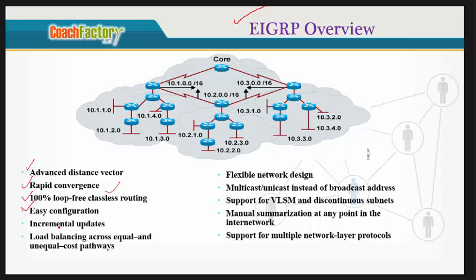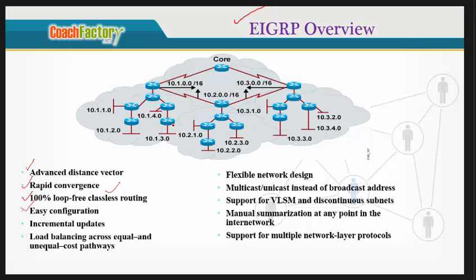EIGRP is easy to configure. In this scenario, you can go to any router, enable EIGRP with an AS number, advertise the directly connected networks, and you are done. It's unlike OSPF, where we need to follow the hierarchical structure, where we need to create multiple areas.